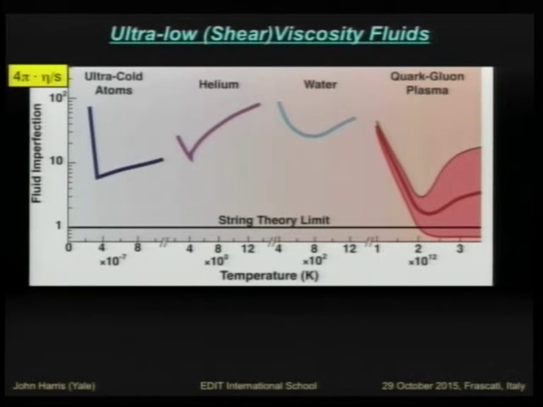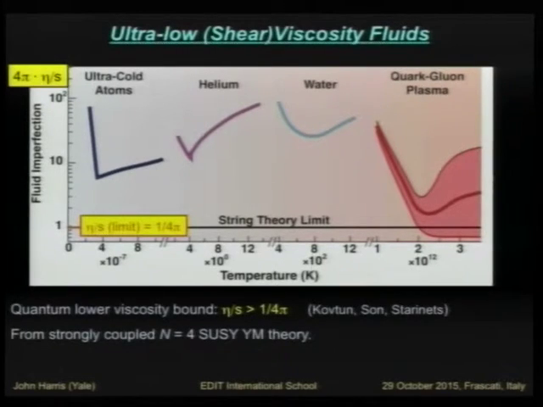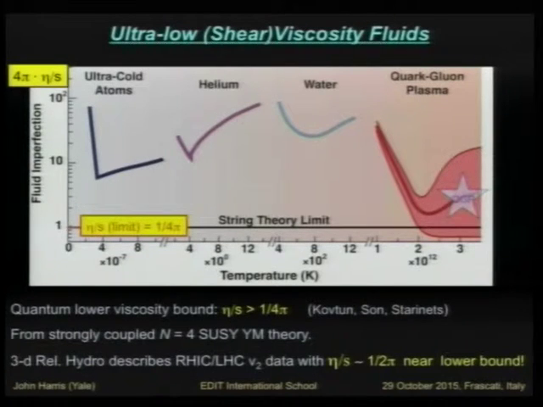Now, if I plot this versus temperature, you can get superfluid helium, ultra-cold atoms. They follow as a function of temperature this value of eta over S above the lower bound, which is 1 over 4 pi. Now, the RHIC data look something like this, and this is kind of an estimate of the uncertainties from the calculation you just saw before and a few others from viscous hydrodynamics.